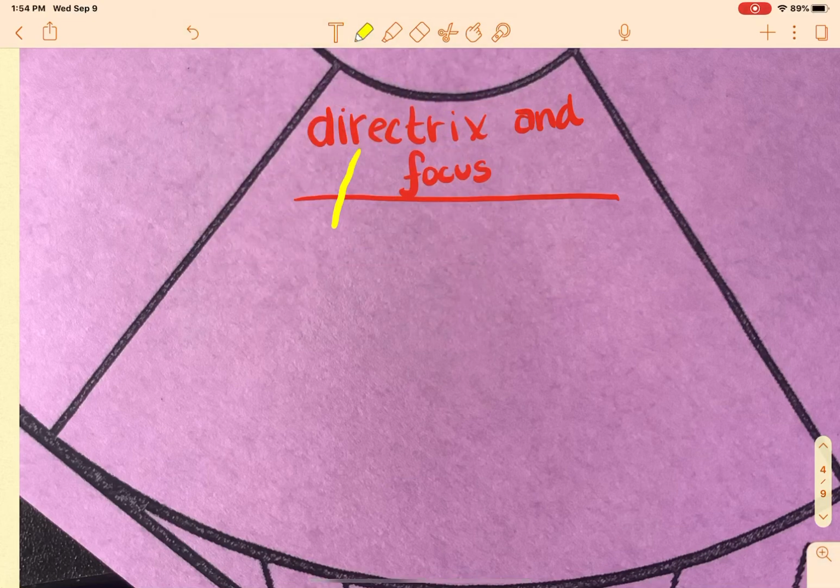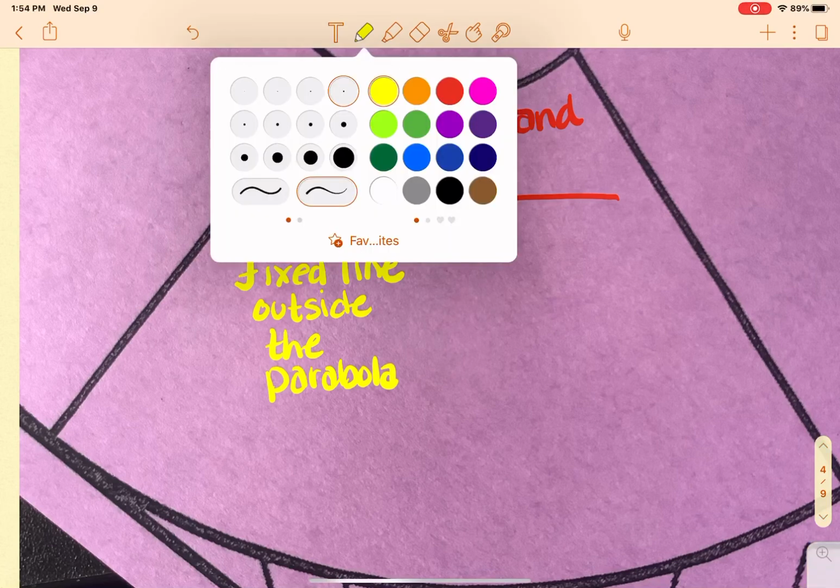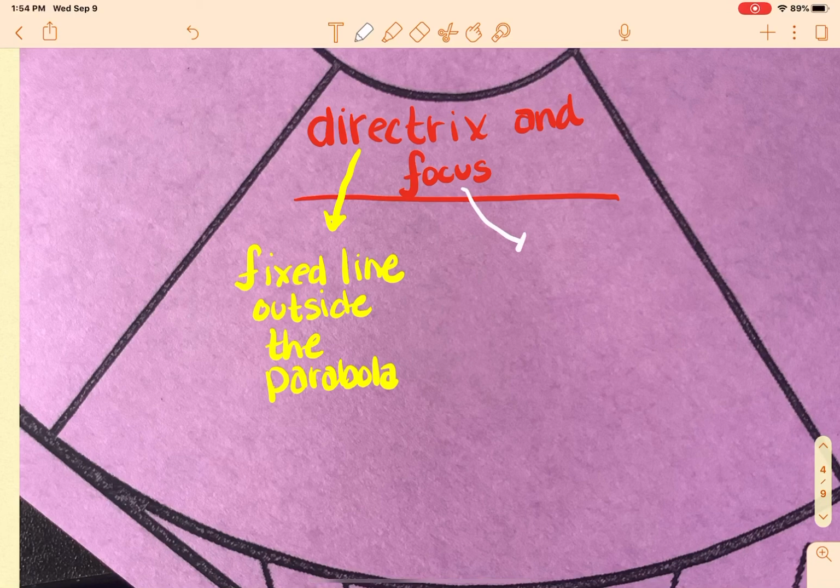So if I'm talking about the directrix, it is a fixed line outside the parabola. If I were talking about the focus, it is a fixed point inside your parabola.